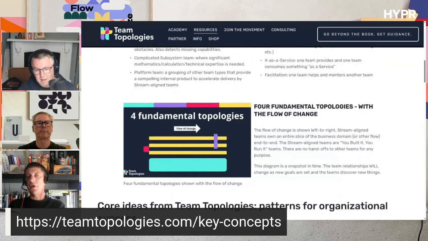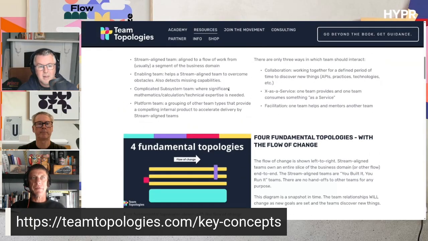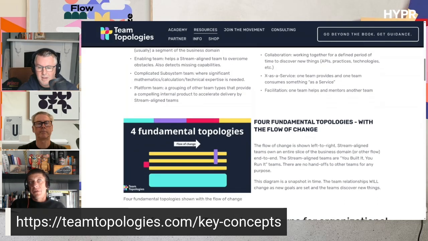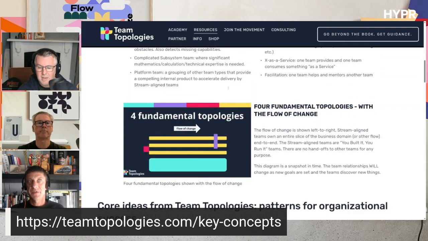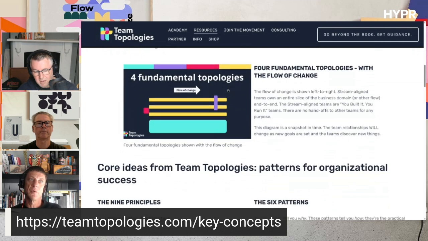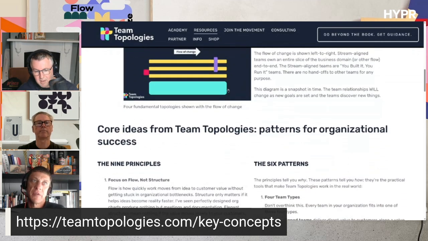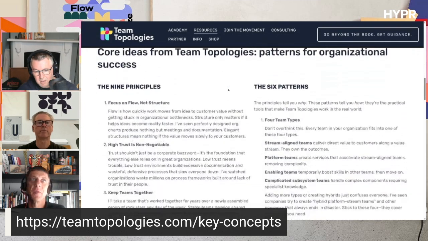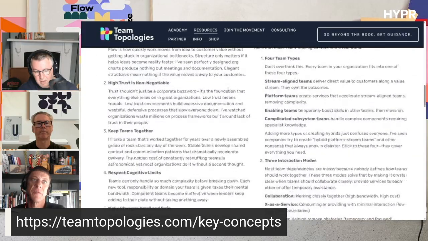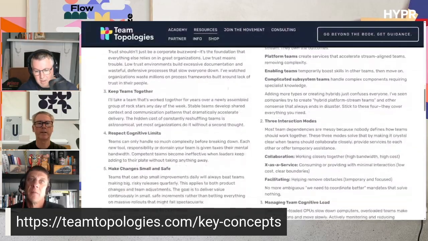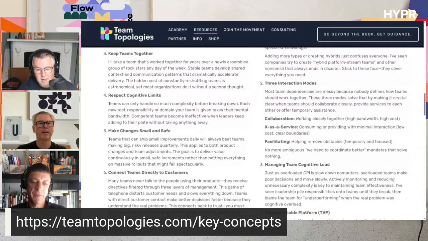High trust is non-negotiable. We want to have long-lived teams. Much of the focus of Team Topologies is reducing cognitive load and cognitive limits on teams. Safety is also non-negotiable. Continuous everything, and getting rid of all of our dependencies is another focus. So yeah, that's great. We will share that for everyone to have a read of.